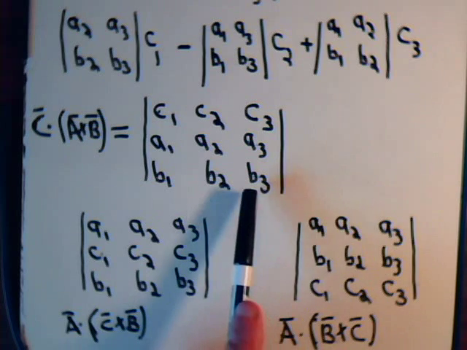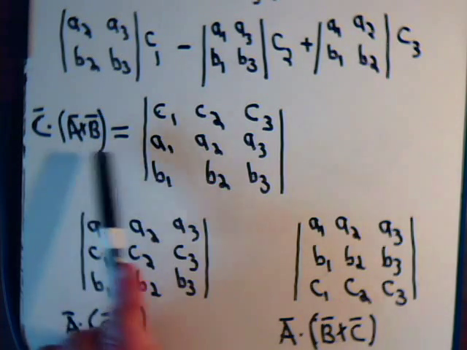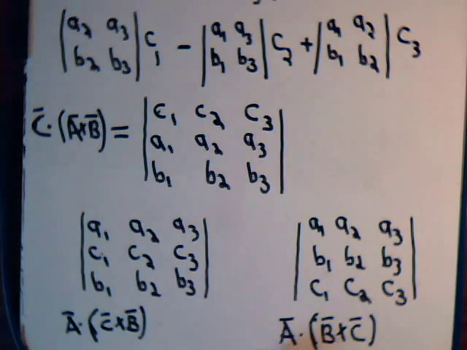Here, there is no sign change. This is an even number of changes in the rows. So that means then that this, which is this determinant, equals this, which is this determinant.